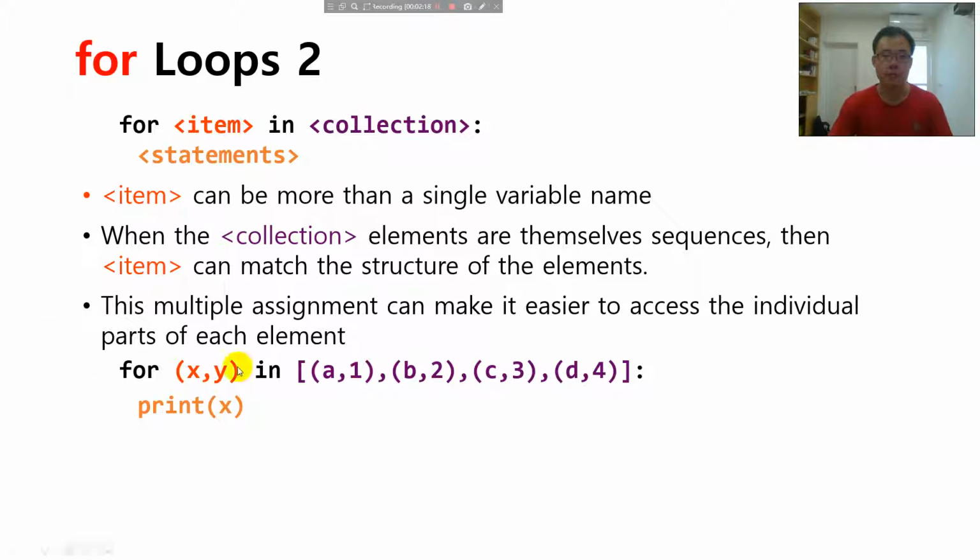For example, here, you can search each tuple for the tuple in the list of tuples. So it's going to iterate not just one variable, but a pair of variables, x and y. And you do not have to print out both x and y. You can just print out x.